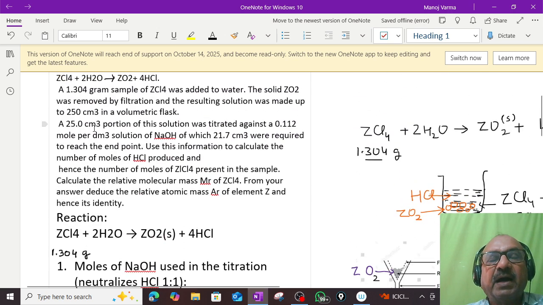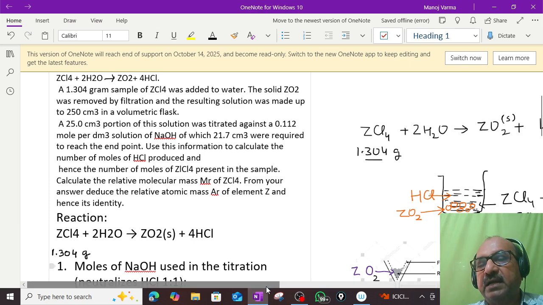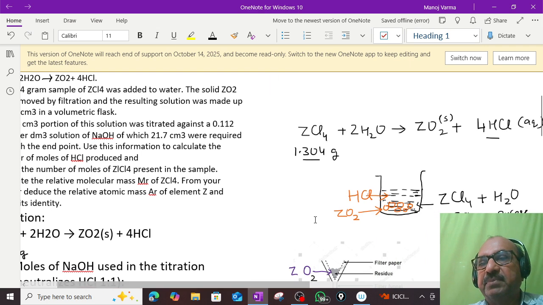and 25 centimeter cube portion of this solution was titrated against 0.112 mole per dm cube solution of NaOH, of which 21.7 centimeter cube were required to reach the end point. So now again try to picturize what happened.